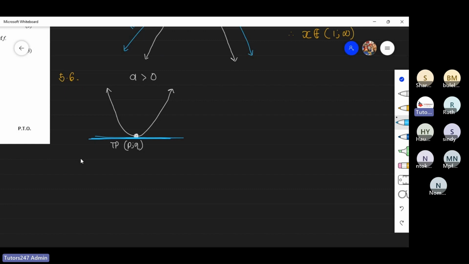In this case, your range starts from your lowest point and goes up, because this function is going up to positive y infinity. So we can say that our range is y greater than or equal to the y value of your turning point. Another way of writing that is y an element from the y value of your turning point until positive infinity.